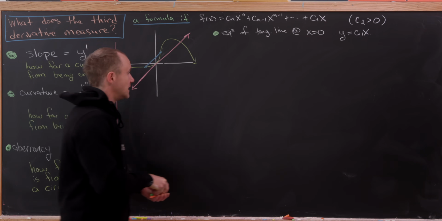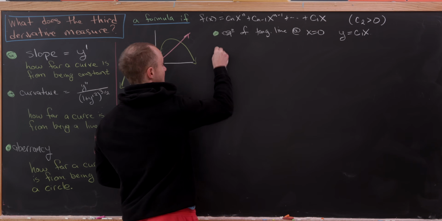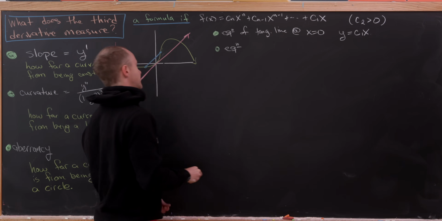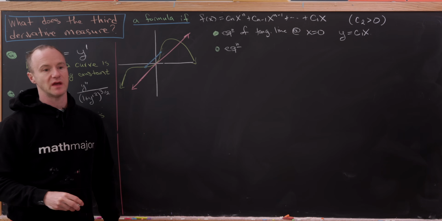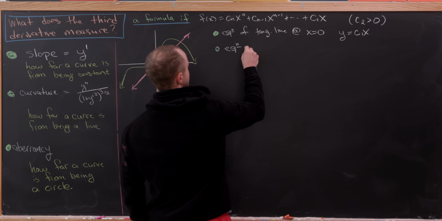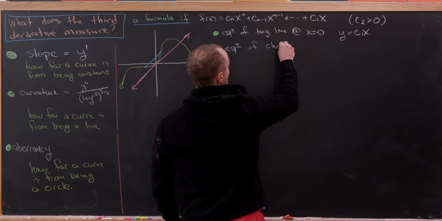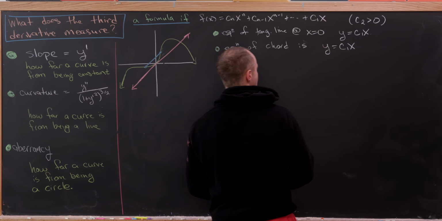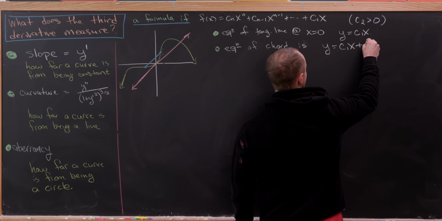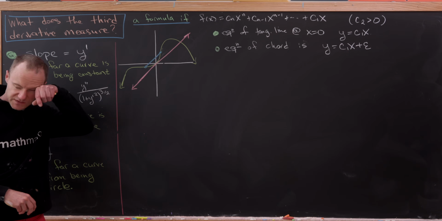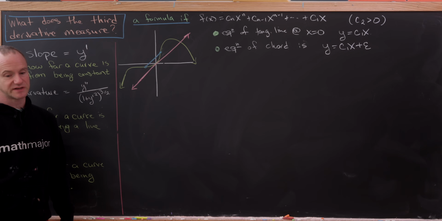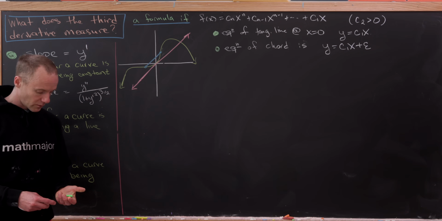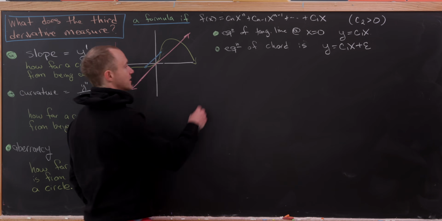And then next up, we can see that the equation of this chord also has a fairly simple formula. The equation of the chord is y equals c_1 times x plus epsilon. So it has to be parallel to the tangent, so it needs the same slope, and then we'll just shift it up by epsilon.